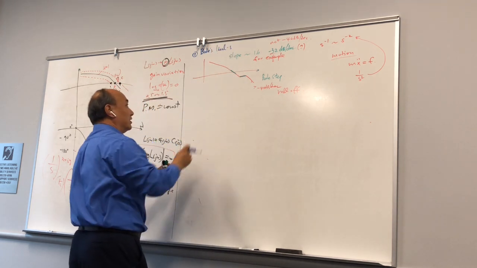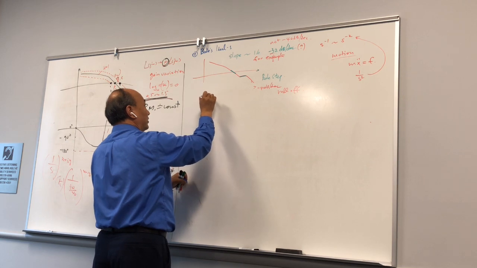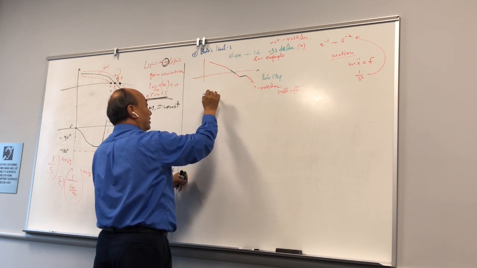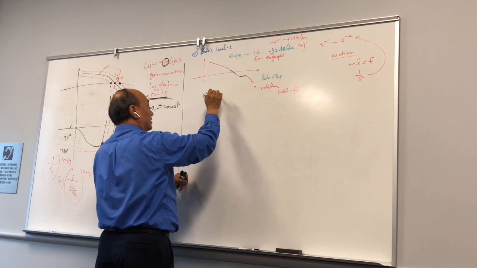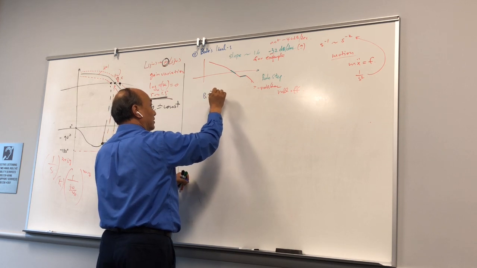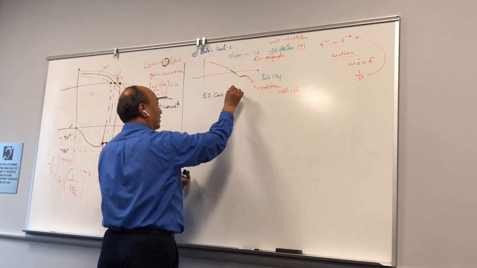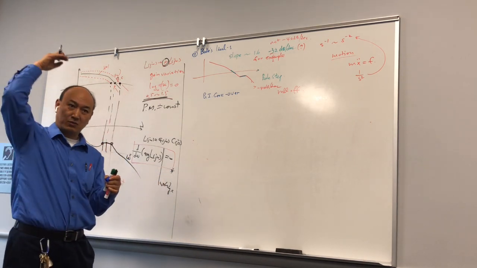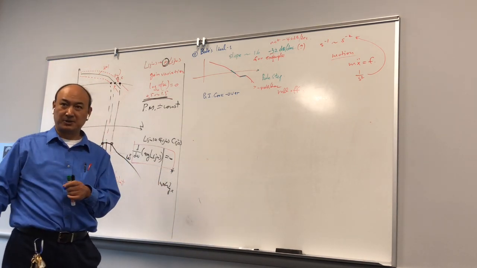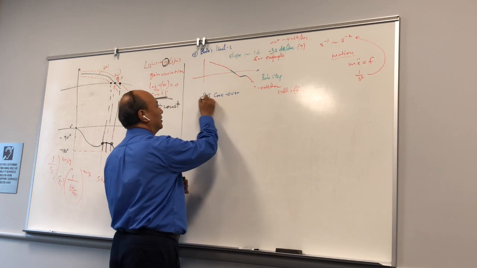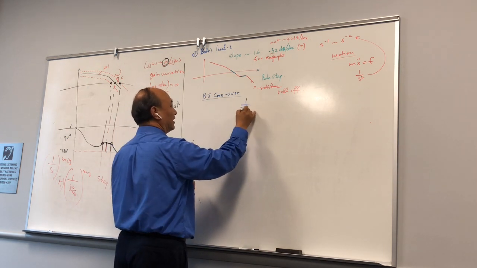Bode's ideal one is called Bode's ideal crossover. What's the ideal crossover slope? That is, you need s to the power alpha.